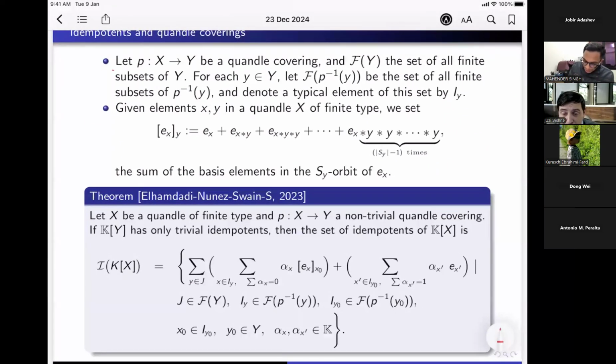Suppose that p from X to Y is a quandle covering, and let F(Y) denote the set of all finite subsets of Y. Similarly, for each little y in Y, look at the fiber p inverse of y, and take all finite subsets of this. F(p inverse y) is the set of all finite subsets of p inverse of y, and we denote a typical element of it by I_y, just for notational convenience.